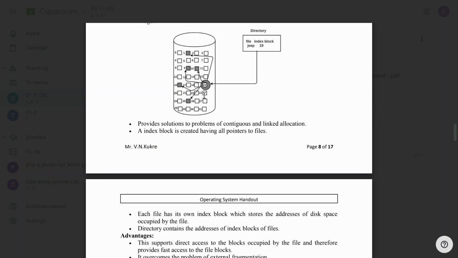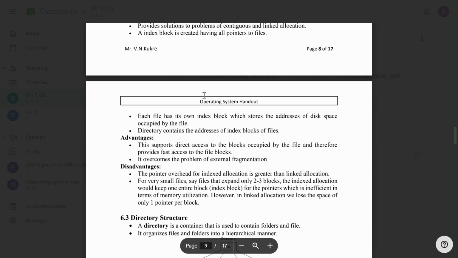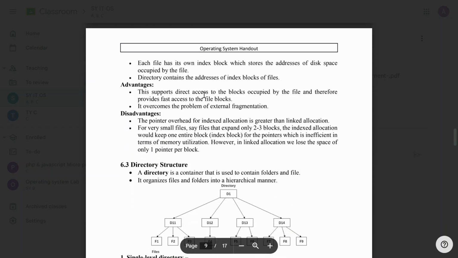And next point is an index block is created having all pointers to files. So all pointers can be saved as a single index block. With the help of that single index block, we can refer all the pointers.